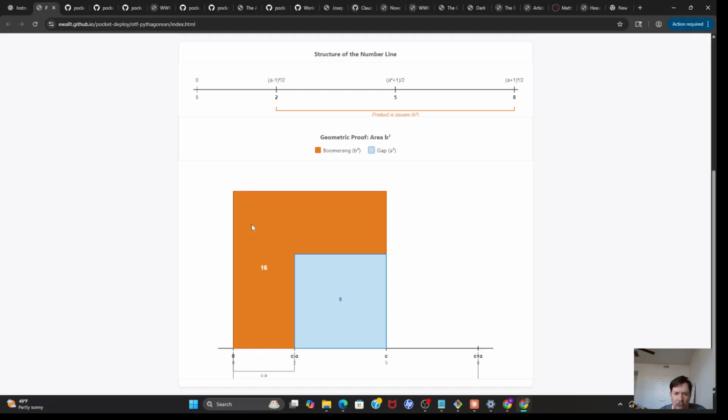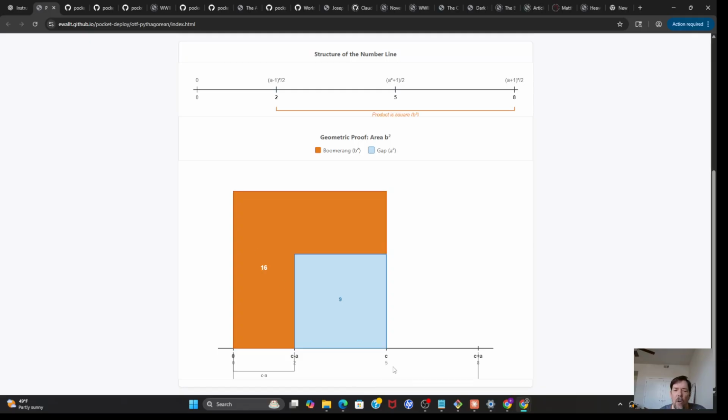And then the boomerang is a visualization of multiplying the endpoints. So this is showing a way that you can visualize geometrically that A squared plus the product of the endpoints equals the midpoint squared.